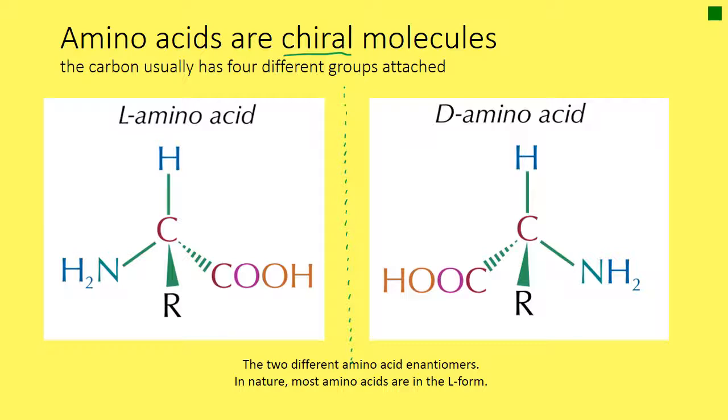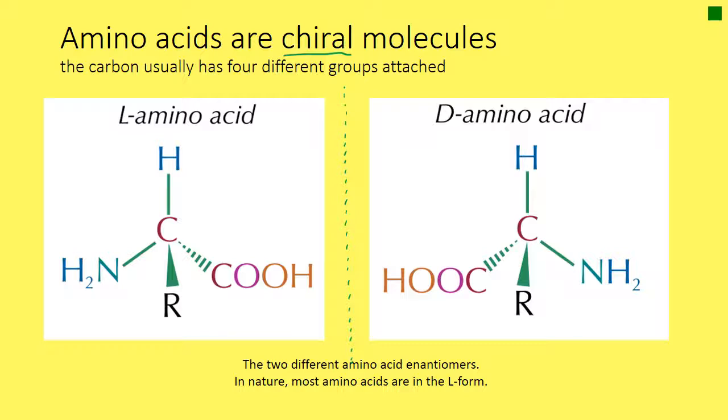So the molecule might exist in two forms. It's the same molecule, so it has the same structural formula, but one version of it is the left-handed version and one version of it is the right-handed version of it. And that means that they are mirror images of each other, but they are not structured identically. So we'll show you with an example.